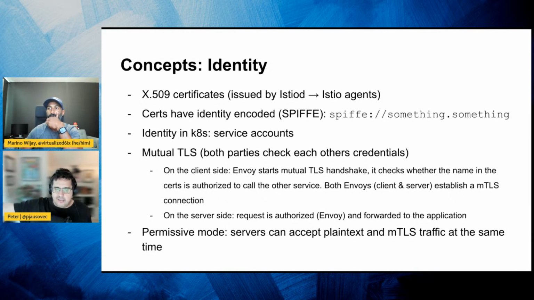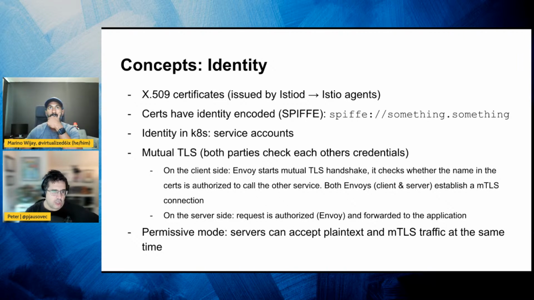Once the handshake is done between the client and the server, a mutual TLS connection gets established. And then on the server side, Envoy is going to check whether that SPIFFE ID is authorized to make a call to this application. If it is, it's going to forward the request to the application. Otherwise, it's going to drop it, right?